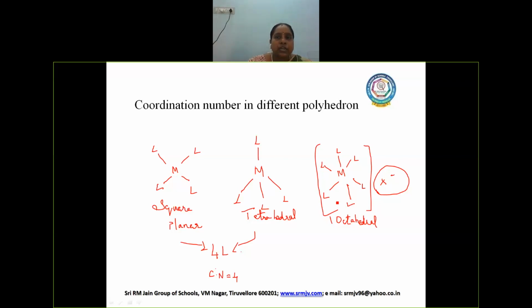So here we have 6 coordination groups. What will be the coordination number? The coordination number of an octahedral complex will be 6. Is it clear? So these are the three different polyhedra, and we assign the coordination number this way if the ligands are unidentate.